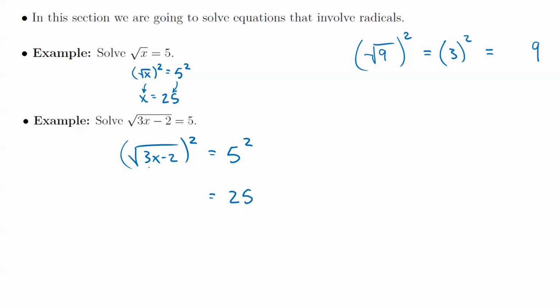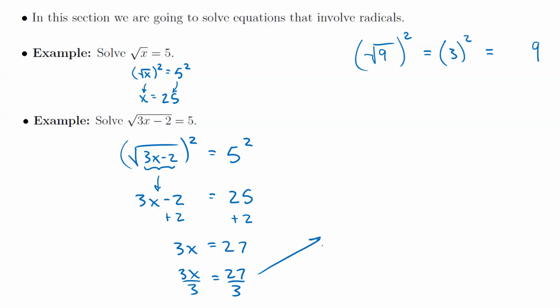It's just that if the stuff inside of the square root is a little more complicated, then we'll still have a little bit of work to do after the square and the square root essentially eliminate each other. Let's go ahead and add 2 to both sides, and then divide by 3 on both sides. And so we get x is equal to 9.